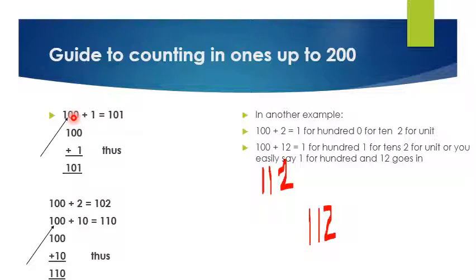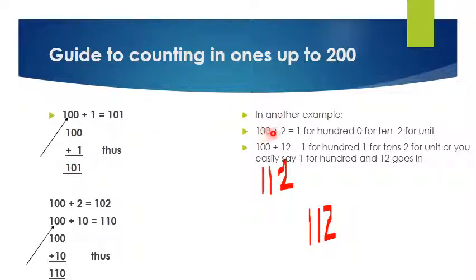So in counting in ones, we add 1. 100 plus 1 is 101. How do we write 101? You arrange it, 100 plus 1 at the unit side. 0 plus 1, 1. 0 plus nothing, 0. 1 plus nothing, 1. So that is how we write 101.